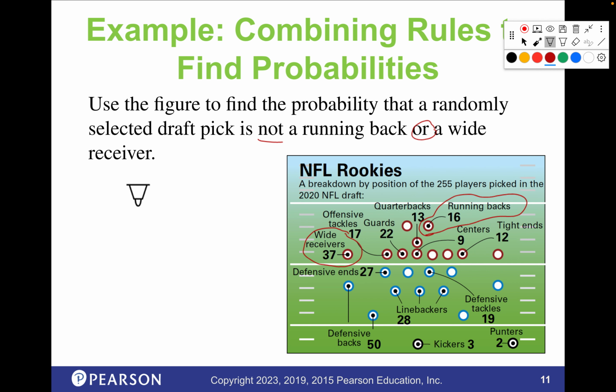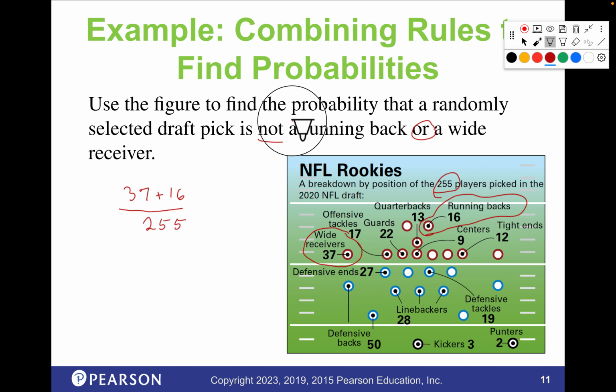So we know there was 37 plus 16. The hard part is we don't have to add these up because they told us up here. Sometimes they give us the information so that we don't have to go and add it all up. 255 total. So if we went and added all these numbers, we'd see it's 255.